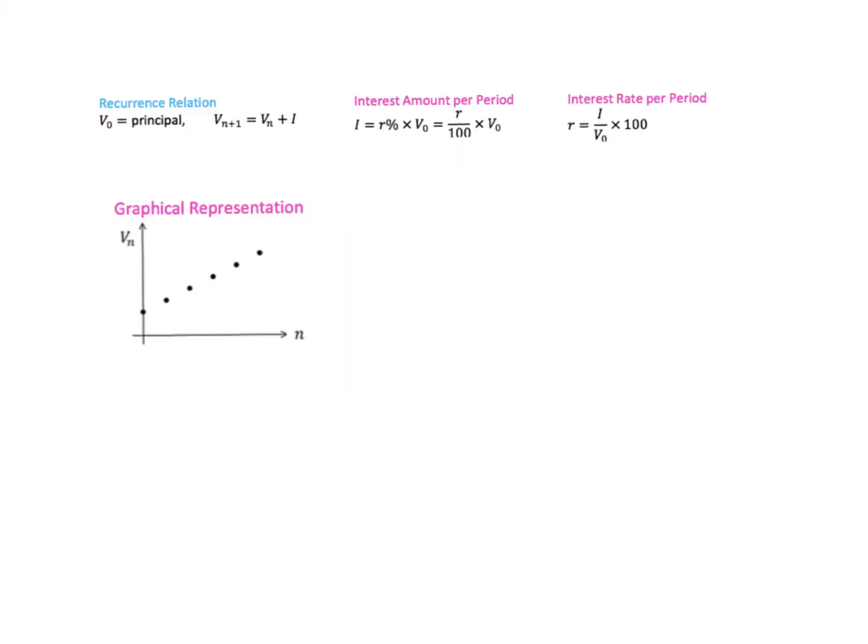Just so you know, if you graphed your simple interest, so this could be the value of your simple interest investment or whatever.